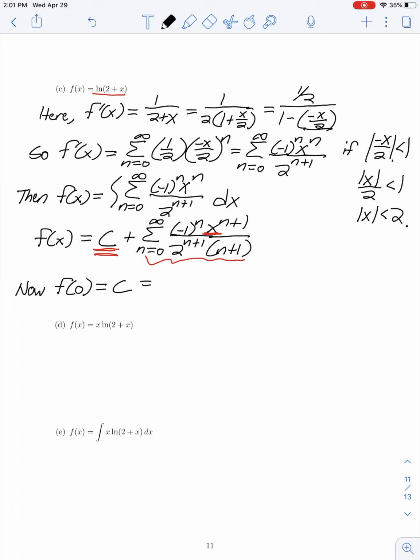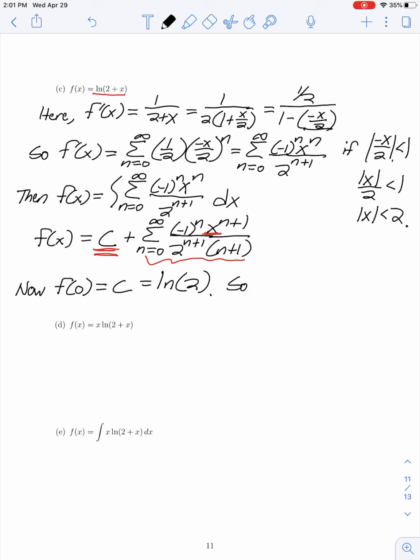Now, we know what the function is. In this example, f of x is log of 2 plus x. So plugging in 0 for x, we have the natural log of 2. So here, my constant c has to be the natural log of 2 in order to represent this specific function.